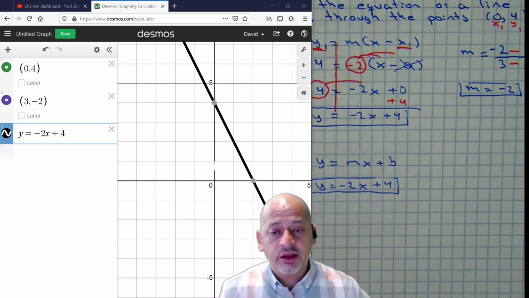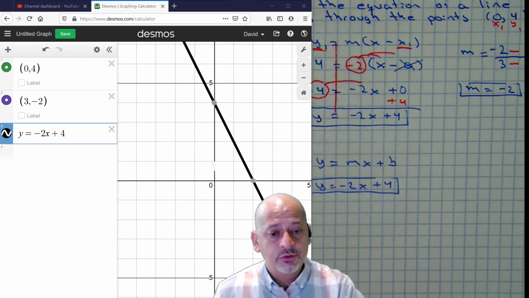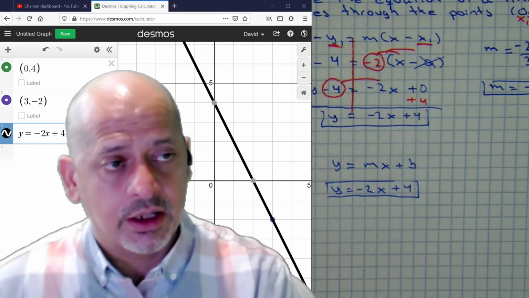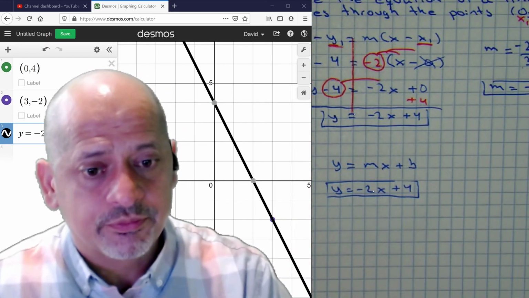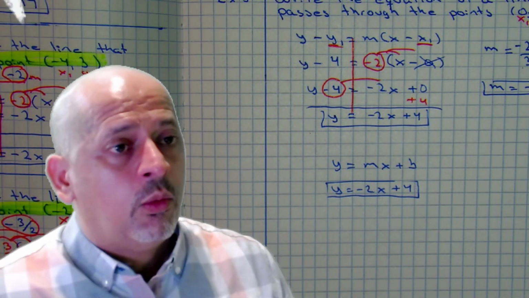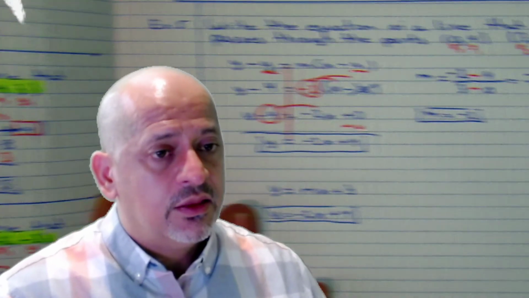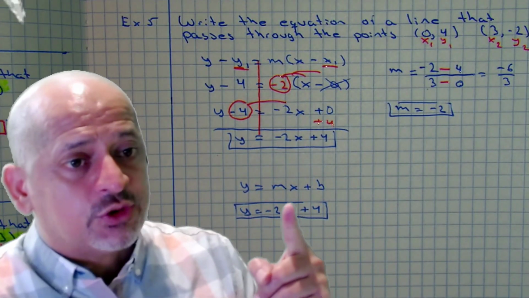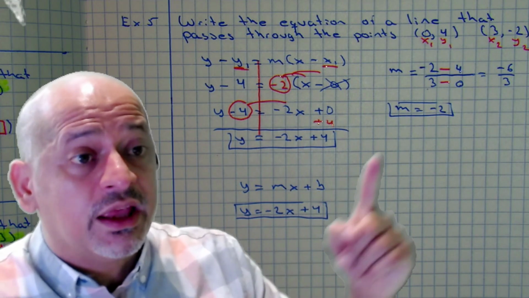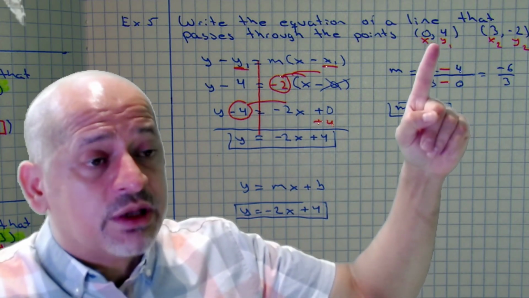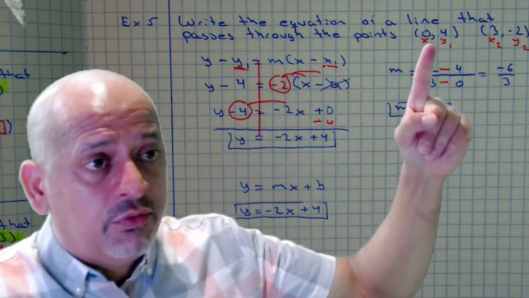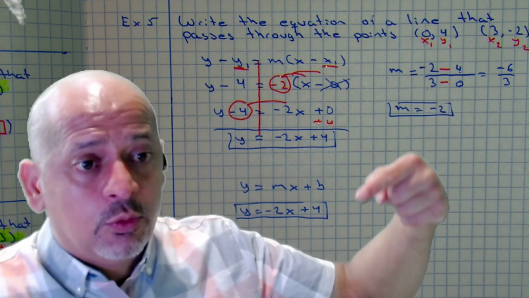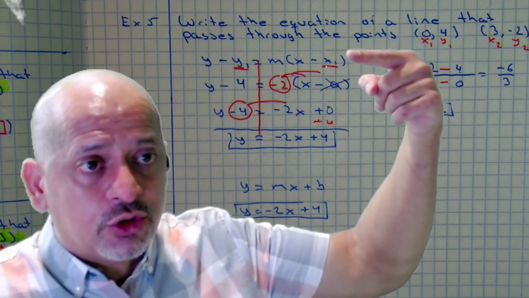But one of the things that you have to be careful, and I'm going to make myself huge to talk about this process, is that whenever you are using this equation, which is your mx plus b, you have to make sure that the point that they give you is your y-intercept, because this is 0, 4. If this was not 0, then you will not be able to use this equation. You have to use your point slope form.